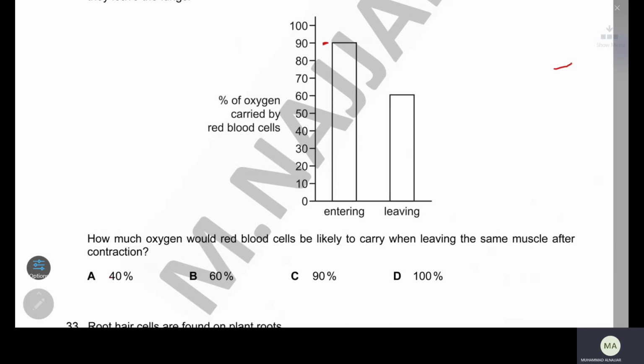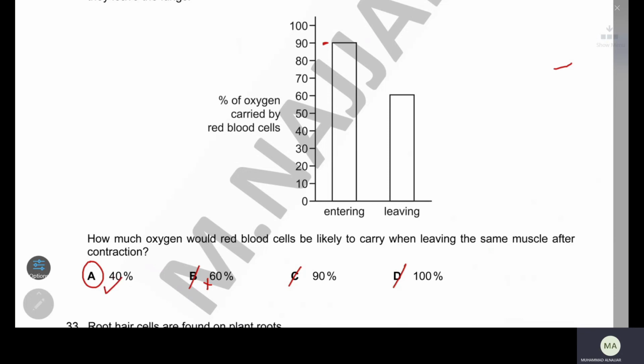It is 40, or of course not 60, because that is a huge amount, which would mean the cell is not taking oxygen, which is incorrect. 90, surely not. Why? Because the great majority of oxygen will be taken by the cells in the process of gas exchange. 100, as it goes in, as it goes out? No. So it's wrong. But the correct answer is A.